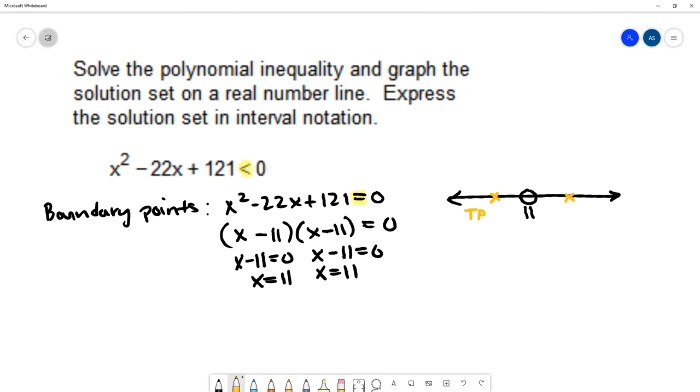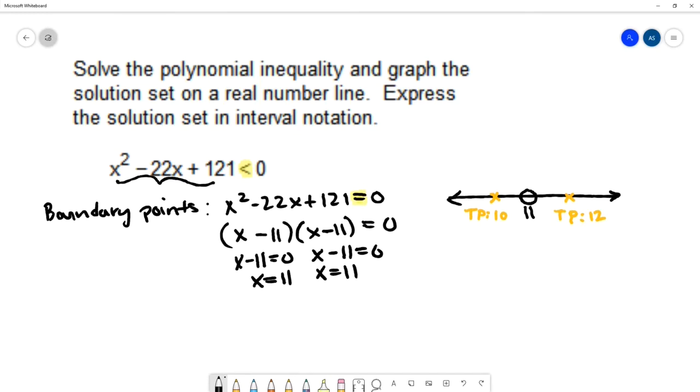So we need to pick a number that is less than 11, so I'll pick 10. And in the other interval, I'll choose a test point that is greater than 11, so 12. And what you do is you take that test point and you substitute it into your inequality to see whether you get a positive or a negative.